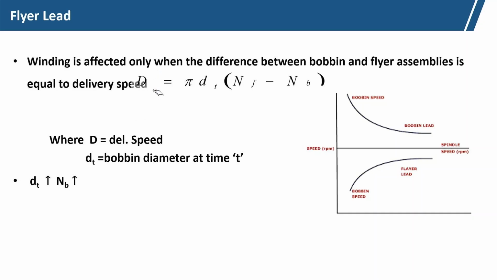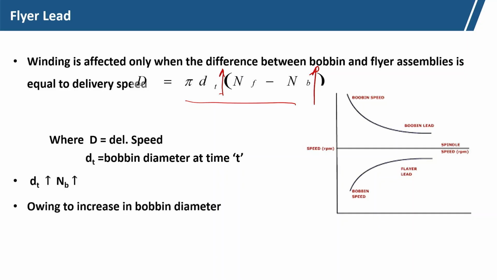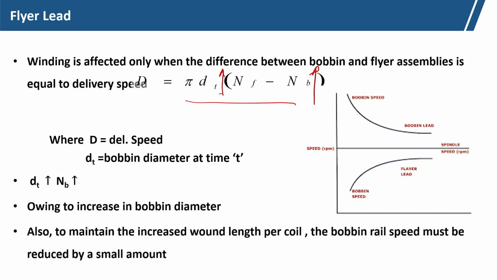As dt increases, to maintain this equation Nb has to be increased. Owing to the increase in bobbin diameter, also to maintain the increased wound length per coil, the bobbin rail speed here must be reduced. So, in flare leading, bobbin speed has to be increased, but bobbin rail speed has to be reduced.